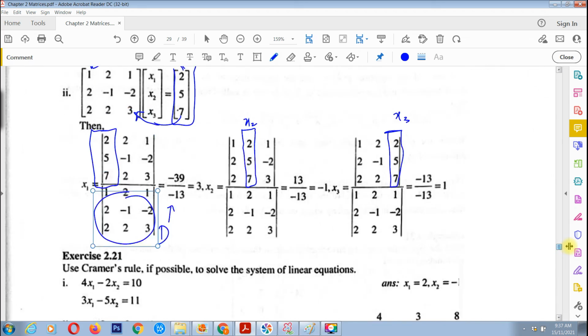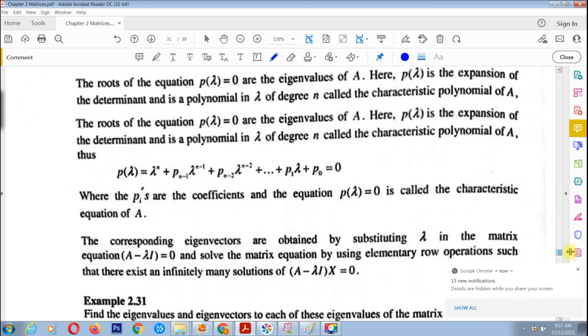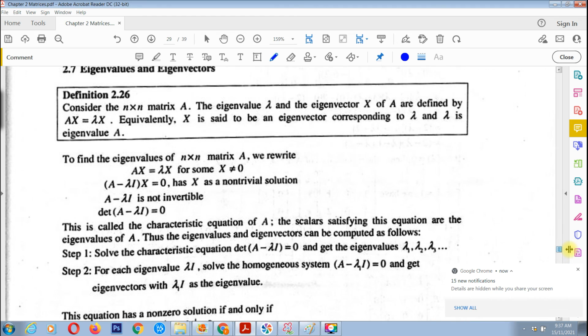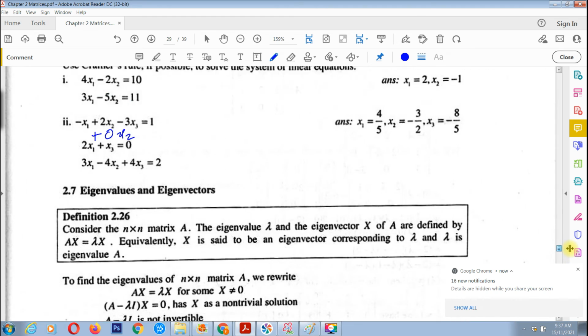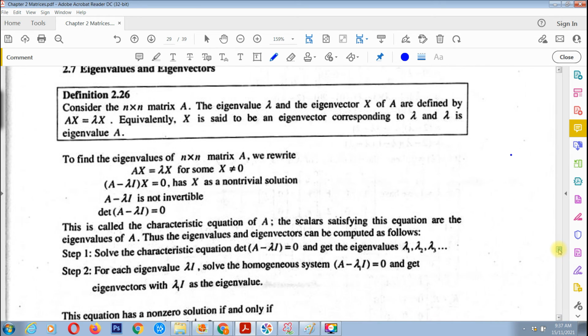So you want to rest or stop here? You want to rest or stop here? Rest.